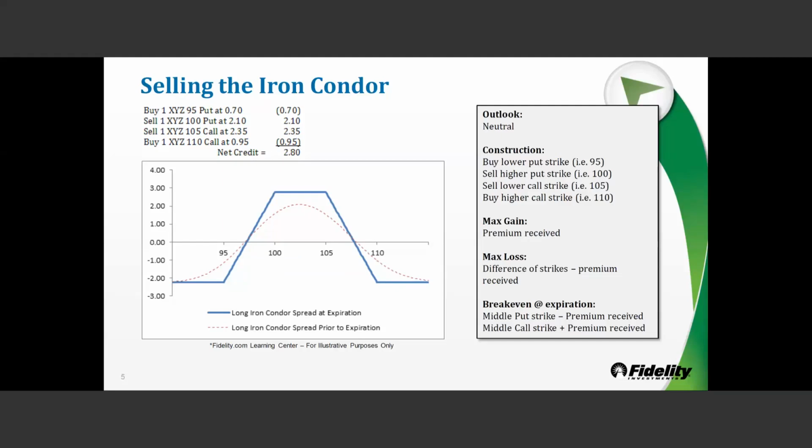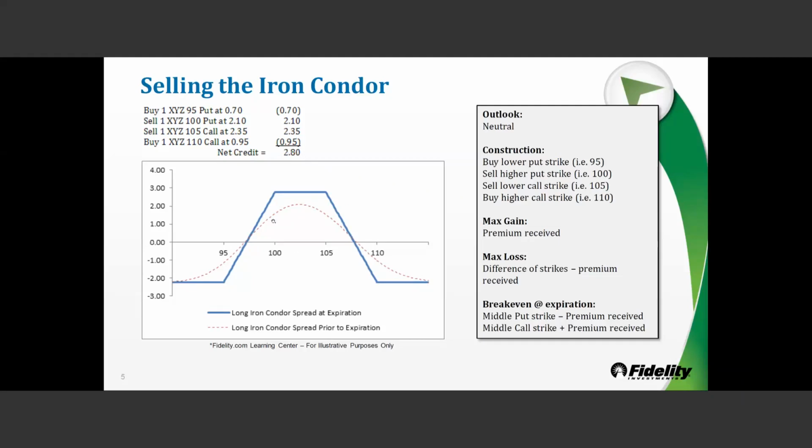So your maximum loss is going to be $5 minus the $2.80 that you have received, so about $2.20 will be your maximum loss, as shown here, if the price of the underlying share goes below 95, or if it goes above 110. In both cases, you will have a loss of $2.20.